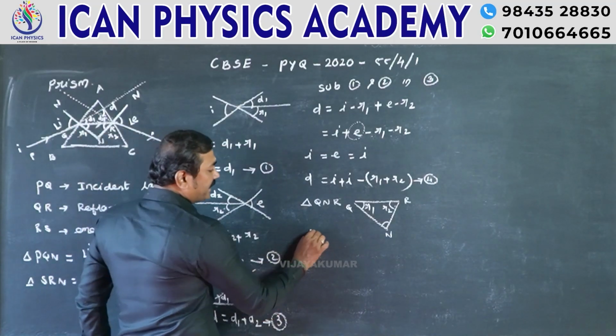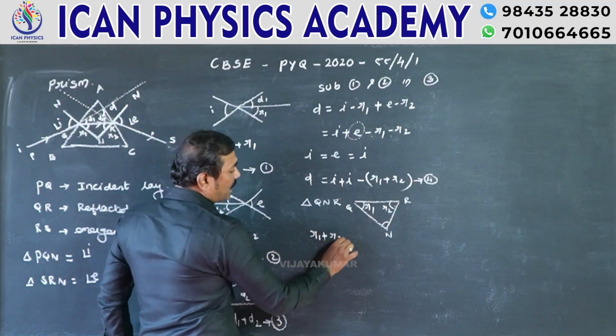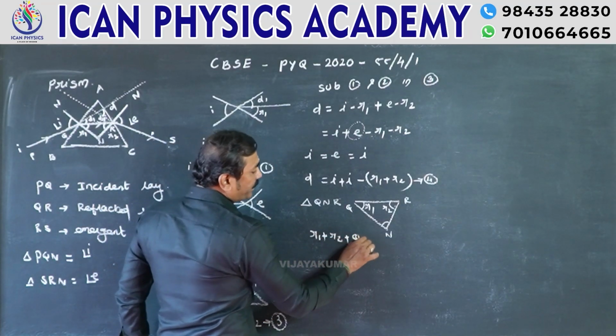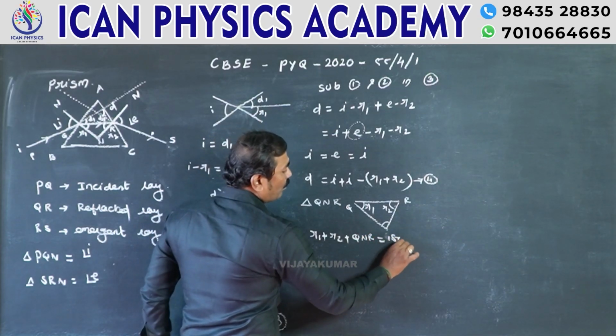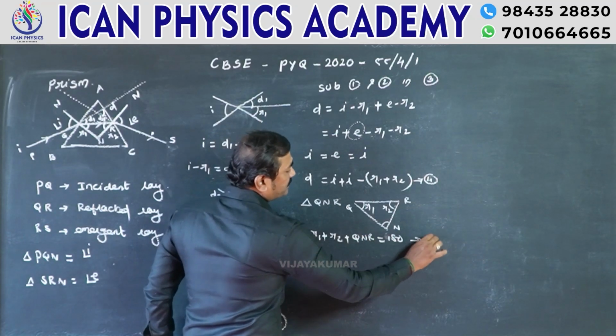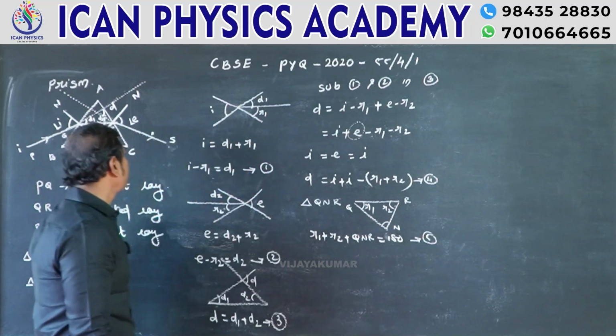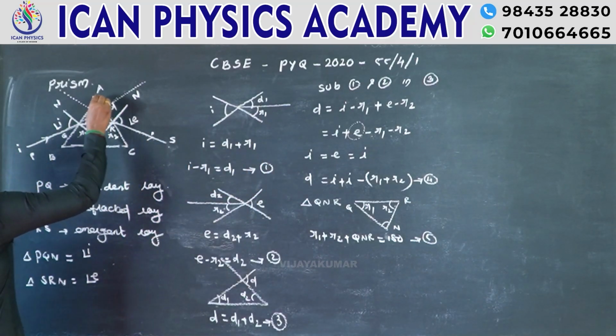So we can write R1 plus R2 plus QNR equals 180. This is taken as equation number 5. Now look at this.